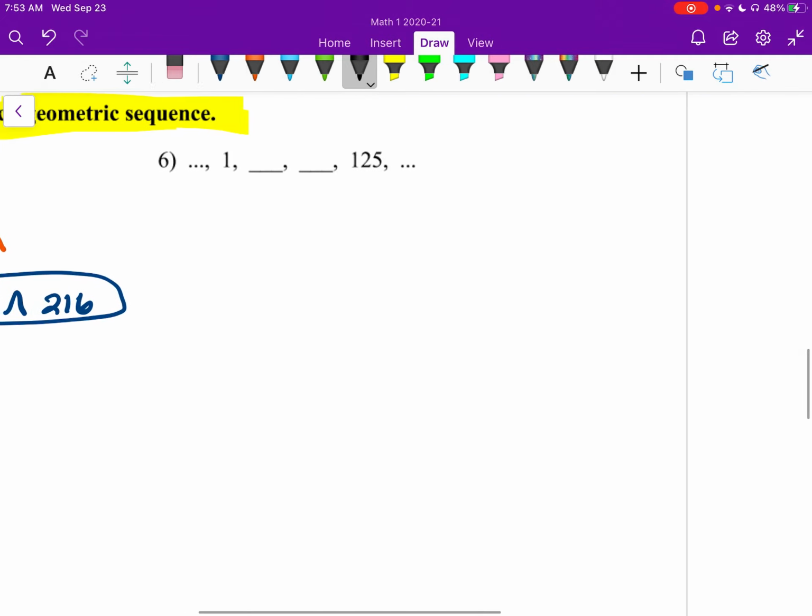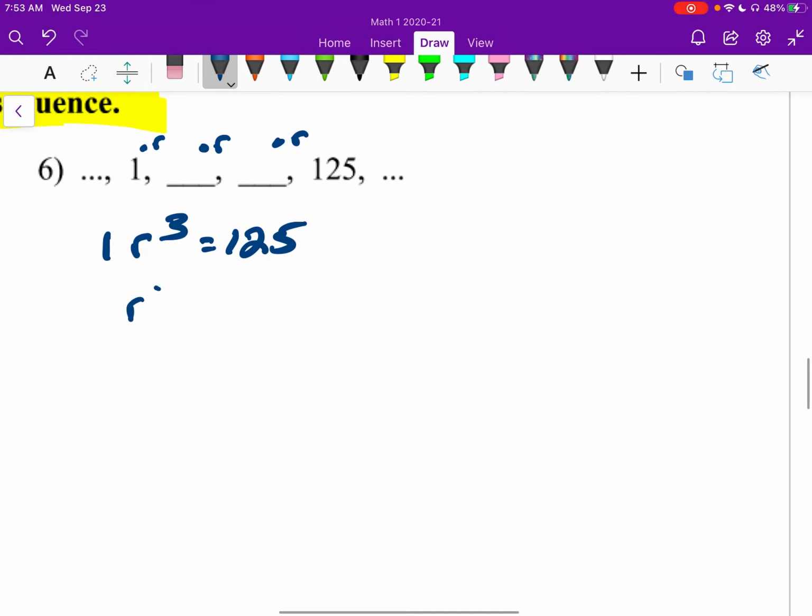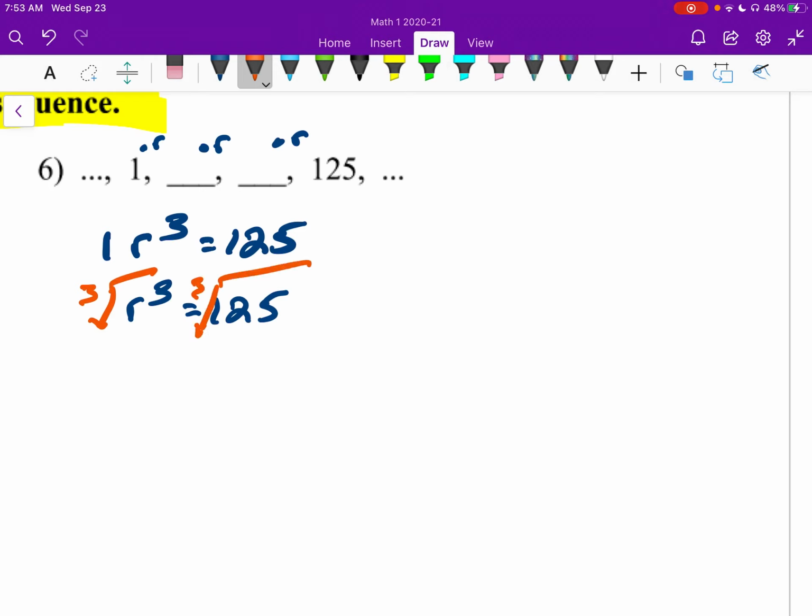All right, let's move on to number 6. We have a times r here, a times r here, and a times r there. So we have 1r cubed, because we have 3 r's, is 125. The 1 doesn't really matter, so r cubed is 125. We take our cube root. What the cube root is really saying is, what could you multiply 3 times to get 125?